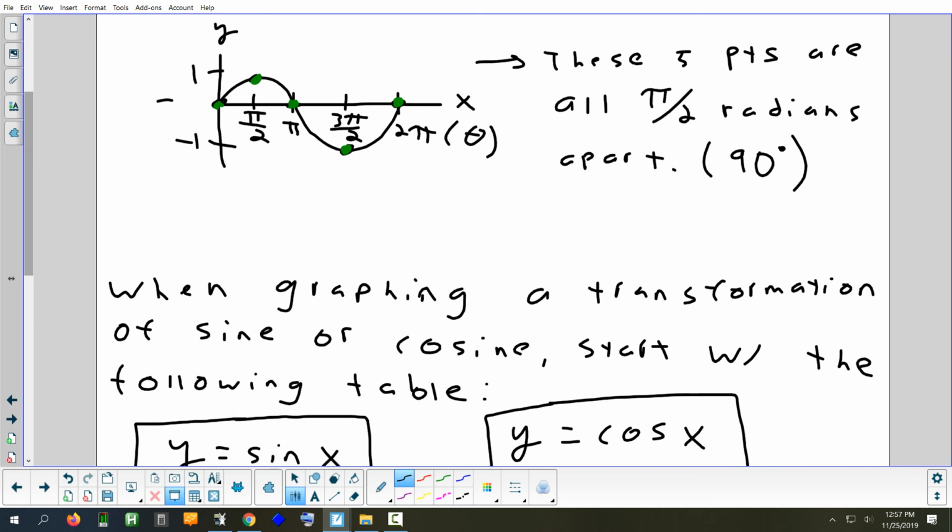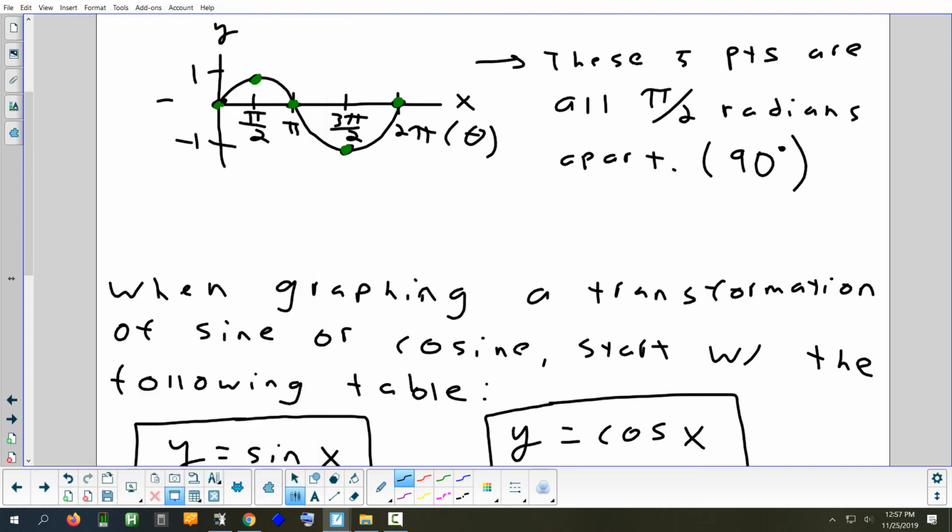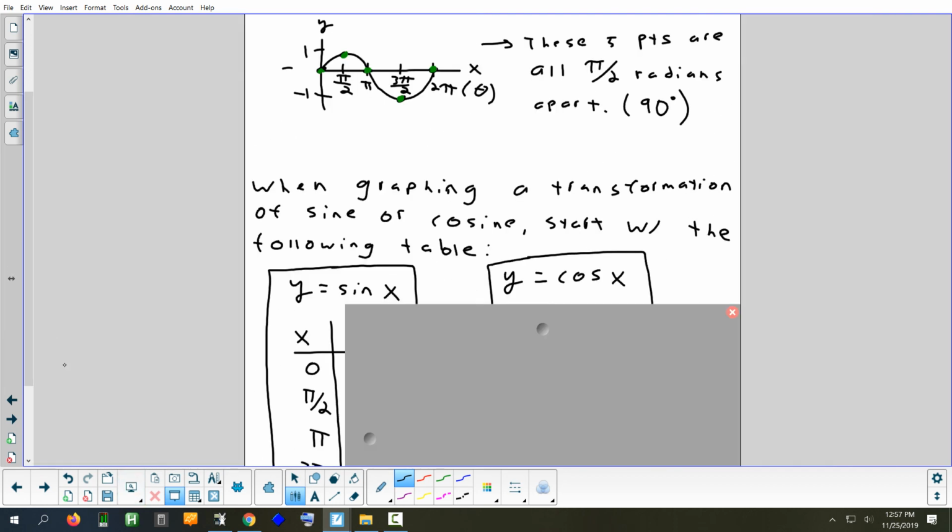This is an actual picture of sine, basically just copied from this screen right here. Look at the one in blue. When you're at 0 on the x, what's your y value for that graph up above? 0 on the x, it's also 0. How about when you're at pi over 2?